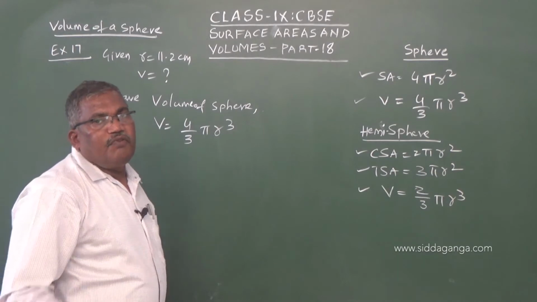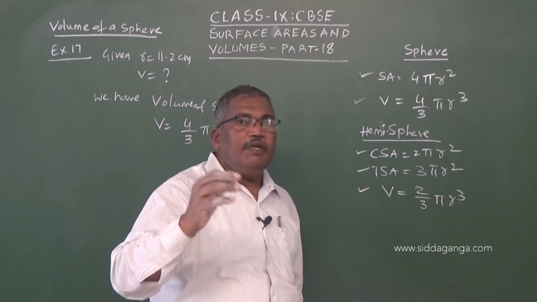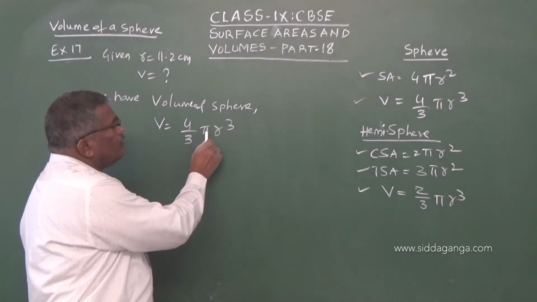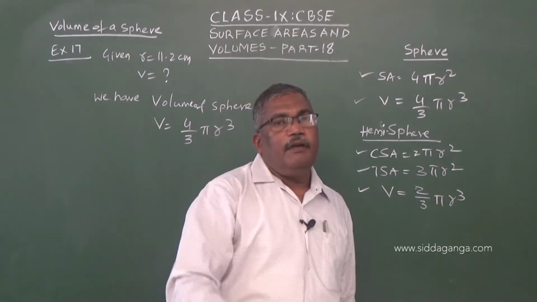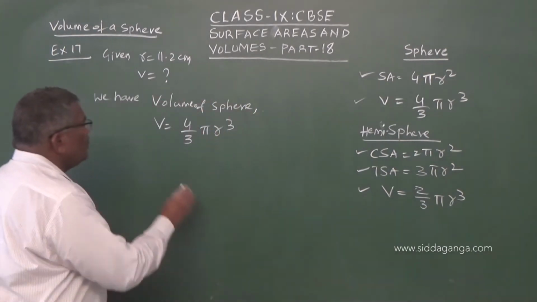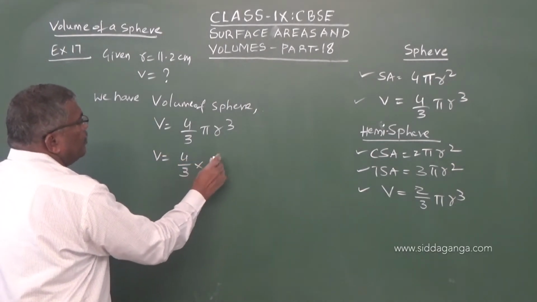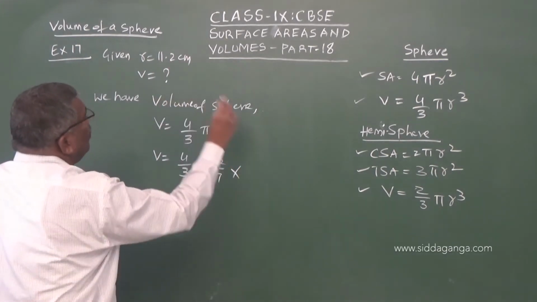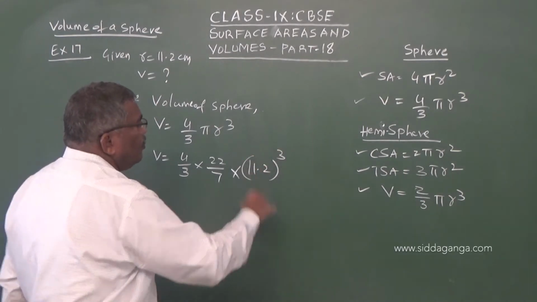Remember, if we know the radius of a sphere, we can calculate the volume, because pi is known and 4 by 3 is a constant. So just the radius is enough to calculate the volume of the sphere. So volume is equal to 4 by 3 into 22 by 7 into 11.2 whole cube.